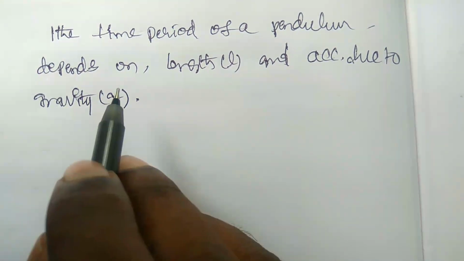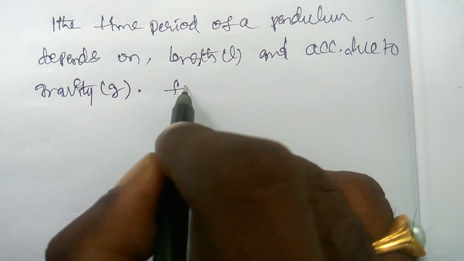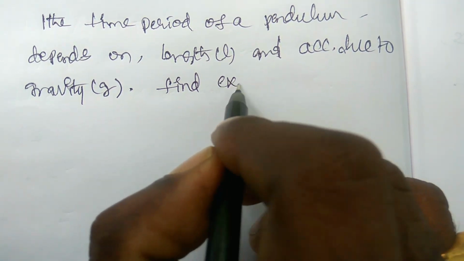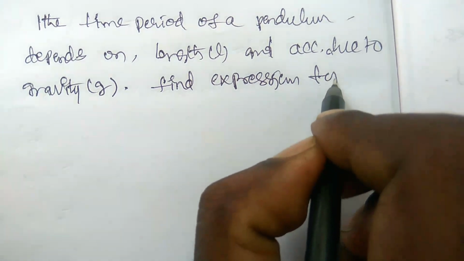The time period of a pendulum depends on length and acceleration due to gravity. Find the expression for the time period.